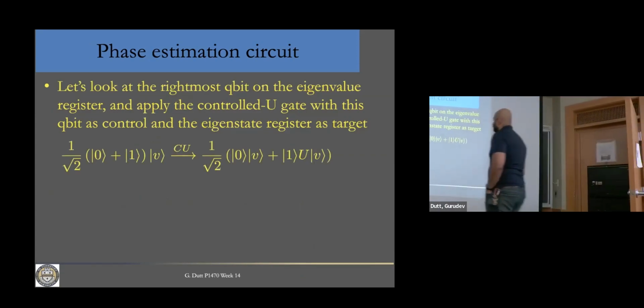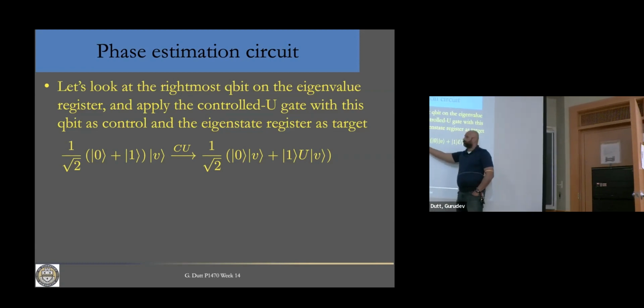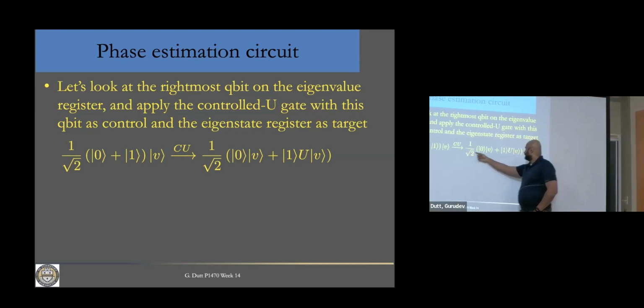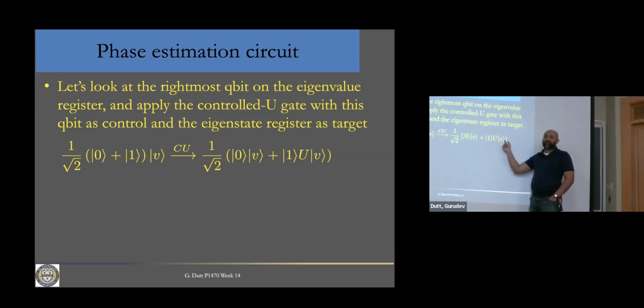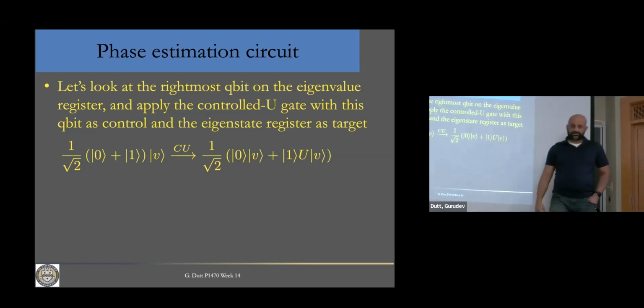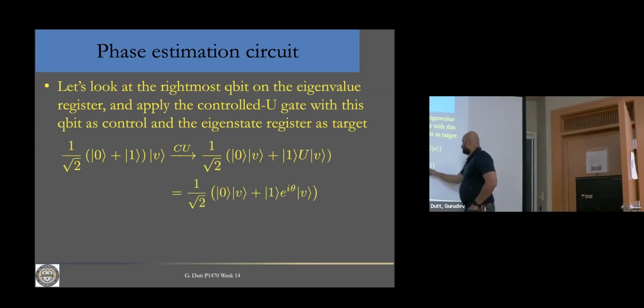That's denoted by this operation: 1 over root 2, 0 plus 1, times V, with a controlled U gate. We write it out as 0 times V, because when the control is in the 0 state, nothing happens to the V register. When the control is in the 1 state, I apply the U gate. Well, U times V is e to the i theta times V.